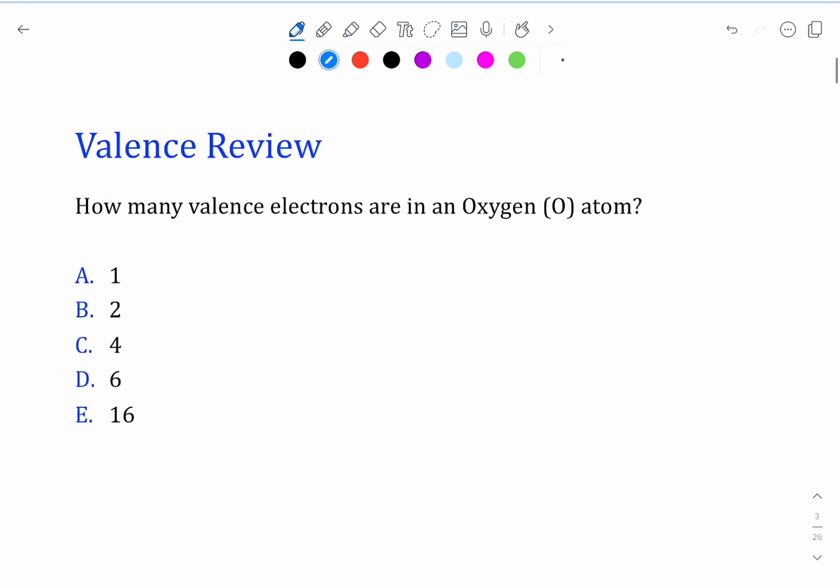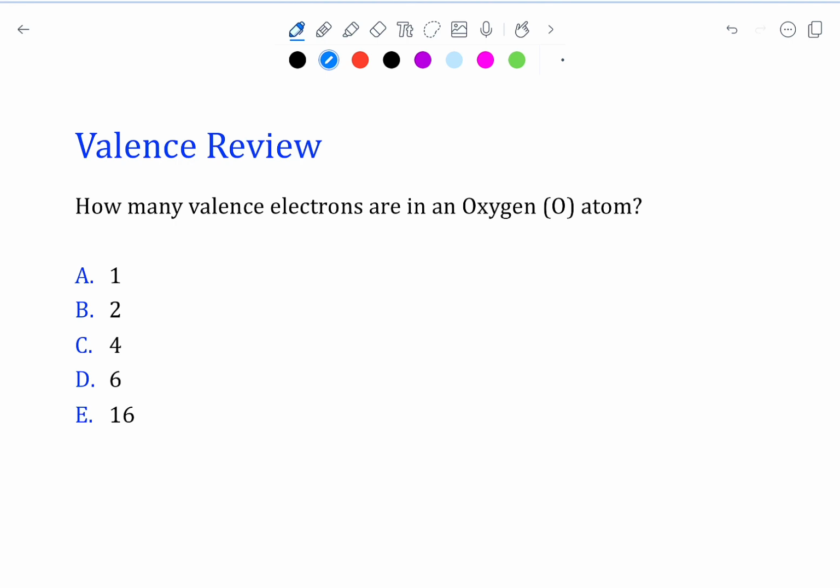So, since valence electrons are the only electrons that participate in bonding, we have to remember how to determine our valence electrons. So let's do a little bit of review from our previous chapters. How many valence electrons are in one oxygen atom? I'm looking at oxygen by itself, only one oxygen. Look to your periodic table, because it can help us remember how many valence electrons there are in each atom.